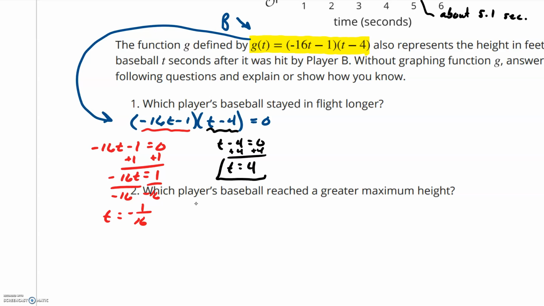So that does make sense. So player B's ball hits the ground at 4 seconds.